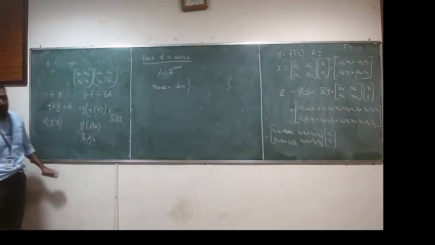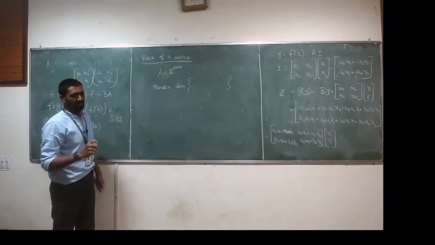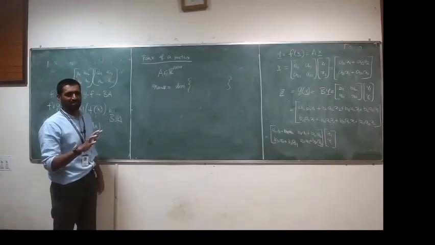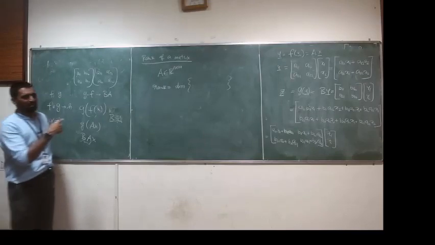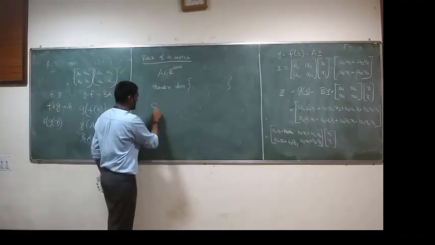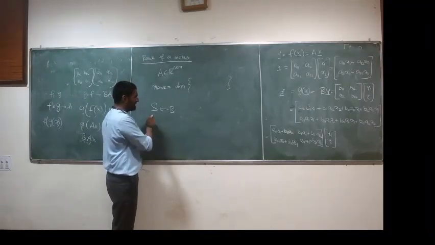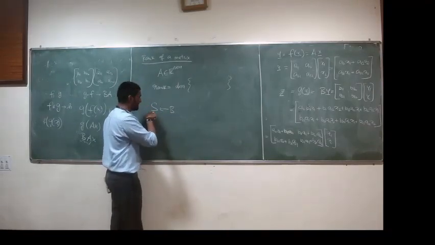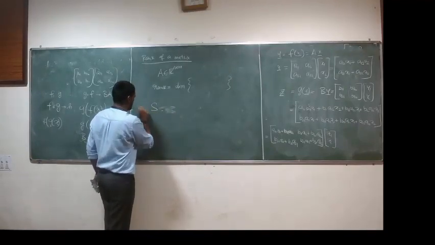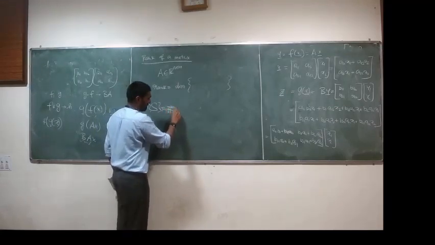Again, this is something you have to remember by now. It has something to do with the basis, right? If you have a vector space S, and if the set B is a basis for this vector space, the number of elements in that basis is the dimension of the subspace. So the dimension of a subspace S is simply the number of elements in the basis set.